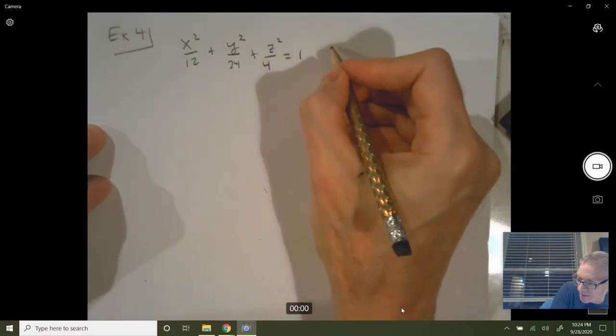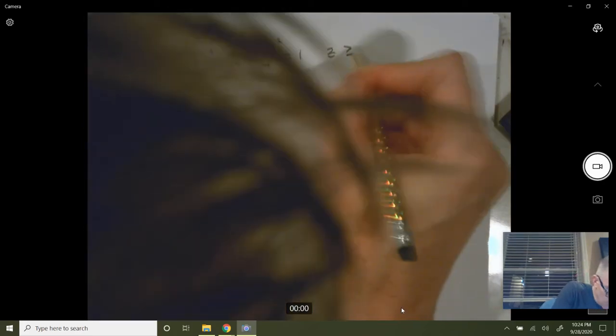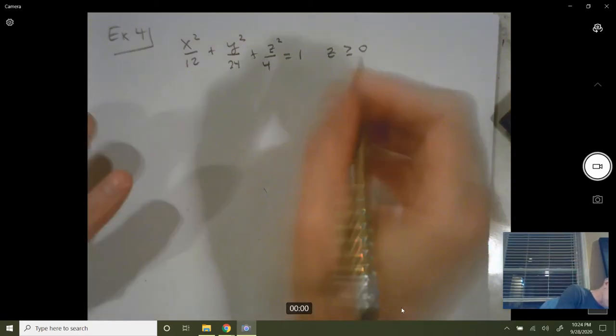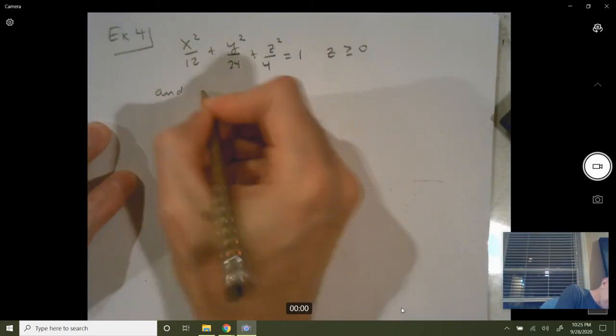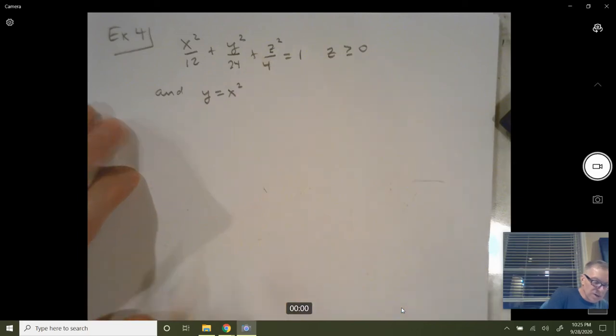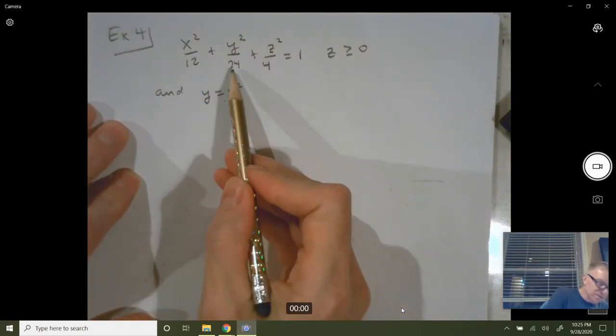We're going to say that's the semi-ellipsoid where z is greater than or equal to 0, so the top half of that. And then we also want the parabolic cylinder y equals x squared. So we're going to intersect a parabolic cylinder with a semi-ellipsoid.